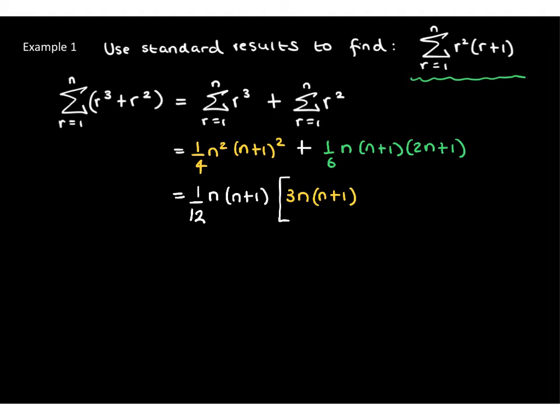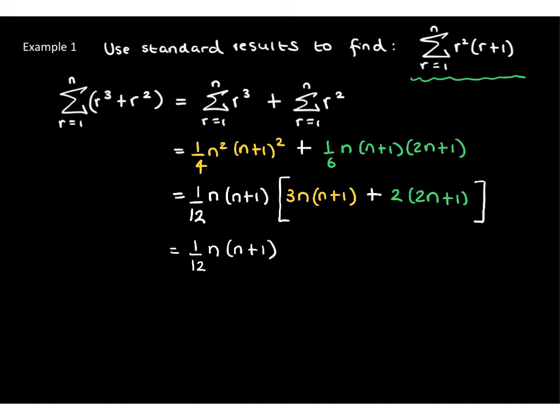Always double check by multiplying back. And then in the second part I would like a 2, so that I have 1/6 when I expand. I then need just a 2n plus 1 term. Here we go. And then I'm going to simplify the contents of the brackets.